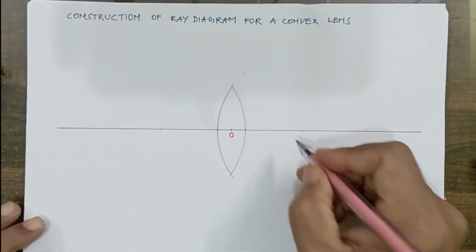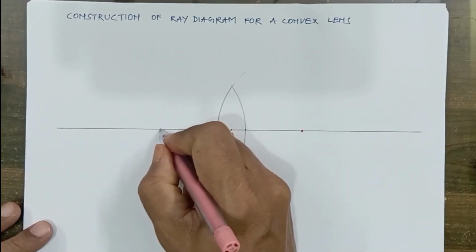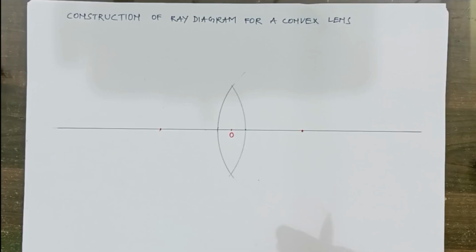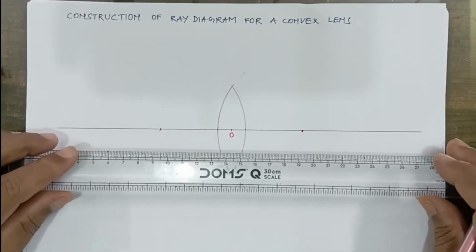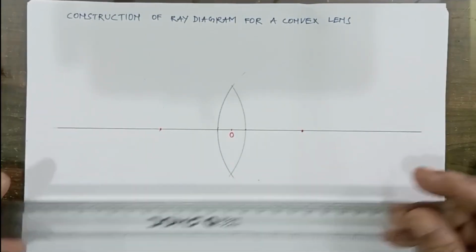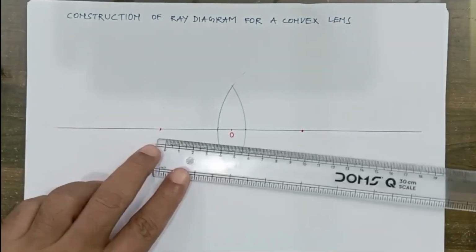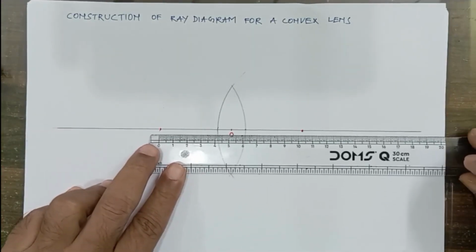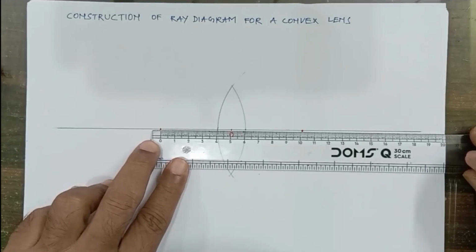So mark the focal point on either side, which are equal in distance. So generally we can take the center of curvature as the second focal point. Now the focal distance from the optical center is approximately 5 centimeters.